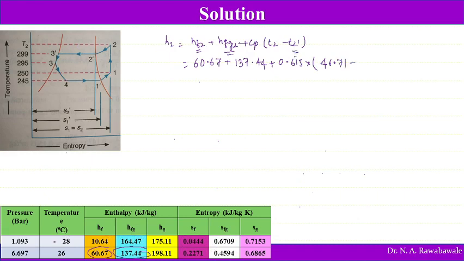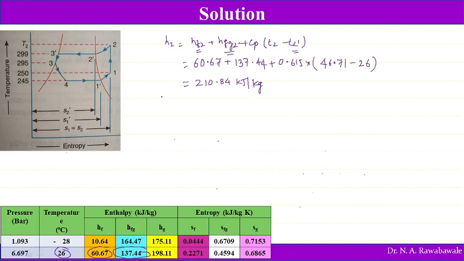T2 dash given in this problem is 26 degrees Celsius, the saturation temperature at this pressure. So we get H2 as (46.71 minus 26) into 0.615 plus 137.44 plus 60.67, which is 210.84 kilojoules per kg. So this is H2.